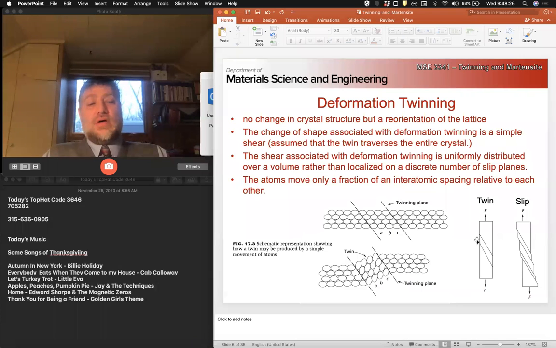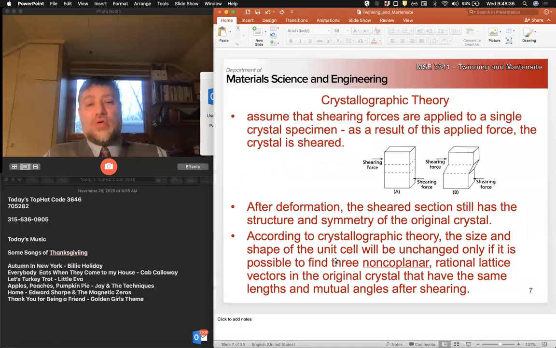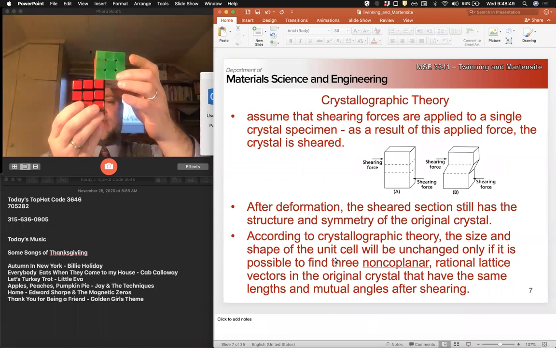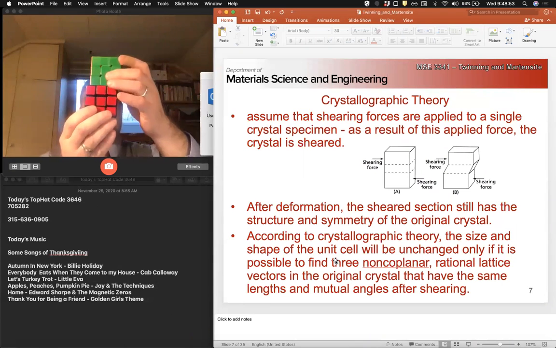And so that's how things are accommodated locally, right? So there's a crystallographic theory. So if we assume that a shearing force is applied, right? Slip gives us shear on a plane like this, right? Twins give us shear by rotation.